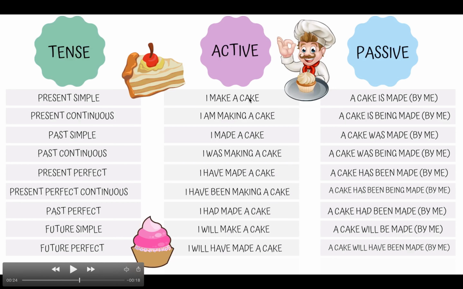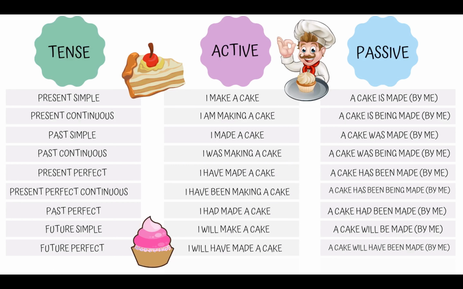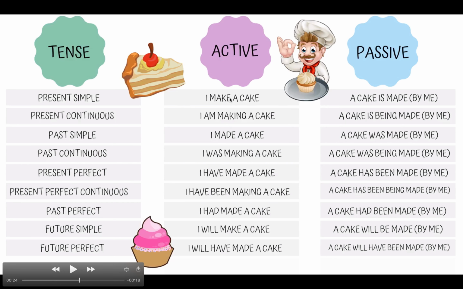So as again in a passive sentence, what do we need to do? Well, the first thing we need to do is find our object. In this case, it's a cake. So the first thing we do is we move the object, and now it becomes the first part of our sentence, okay? So a cake. Now, what tense are we talking about?